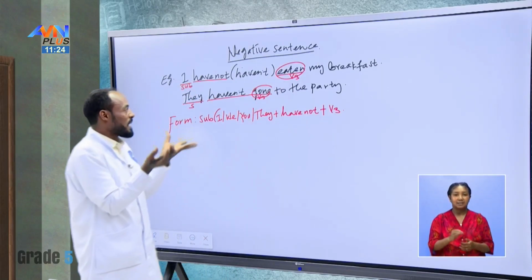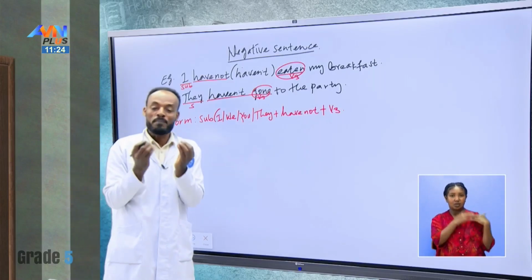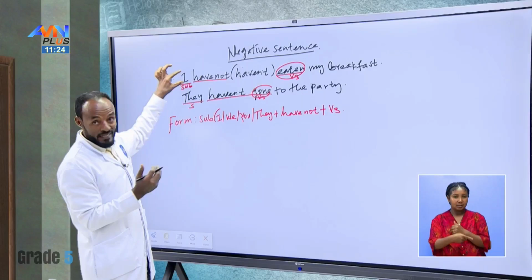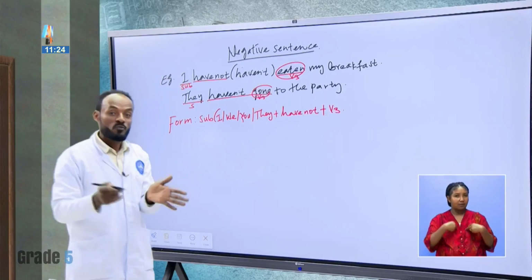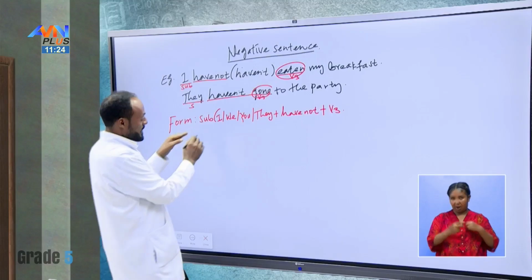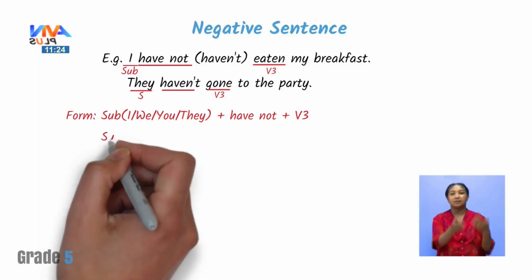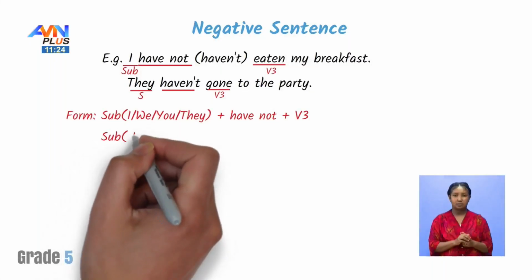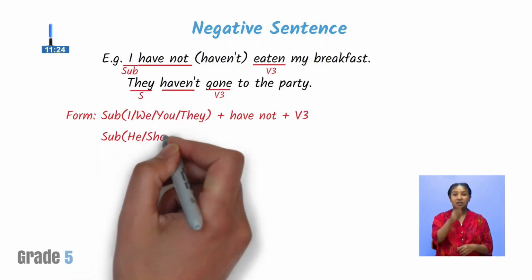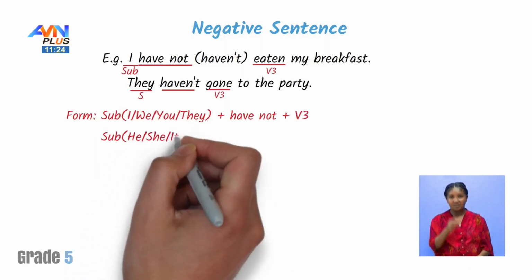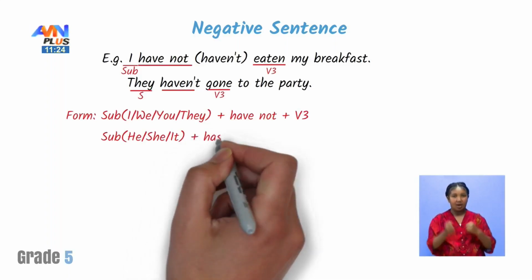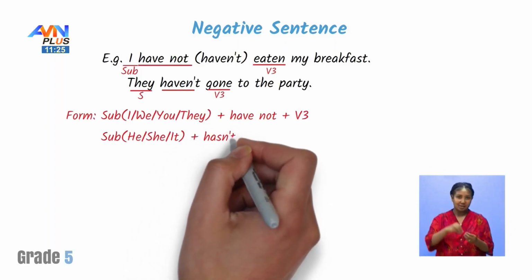If the subject is third person singular, this is an exceptional case. We have to say I have. We cannot say I has. So here, subject means he, she, or it plus hasn't, plus verb.